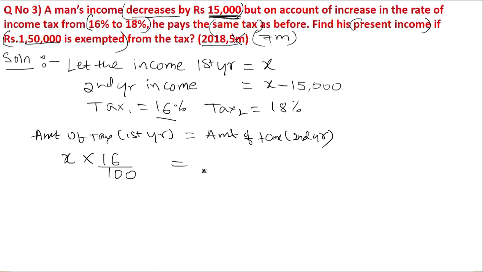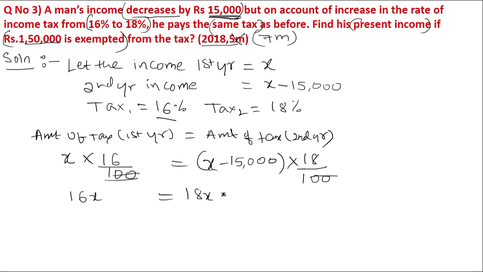The first year tax is the income X into the rate, 16 upon 100. The second year tax is the second year income, X minus 15,000, into 18 upon 100. Now the 100 cancels on both sides, so 16x is equal to 18 into x minus 18 into 15,000.